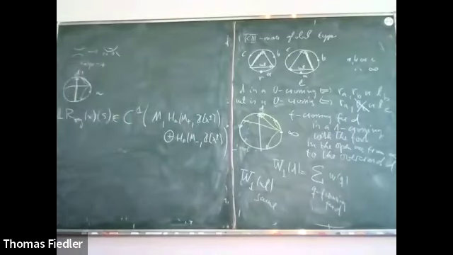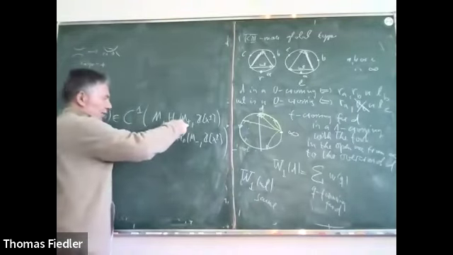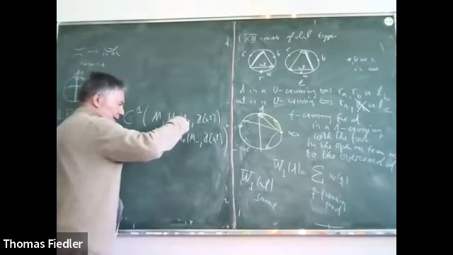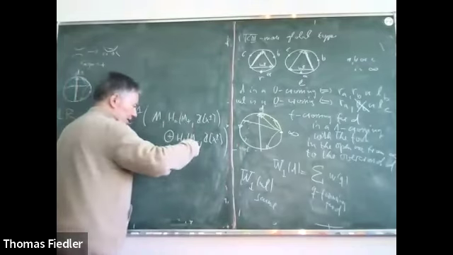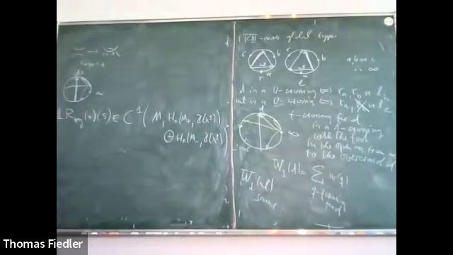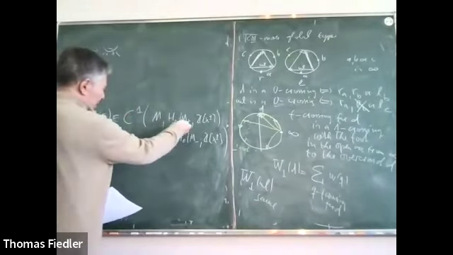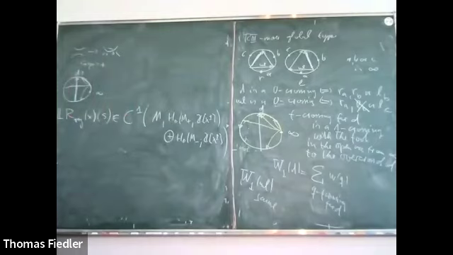It's defined in the following way. These are diagrams with just one ordinary double point with positive sign, one ordinary double point with negative sign. And of course, because I write H0, it means the isotopy.